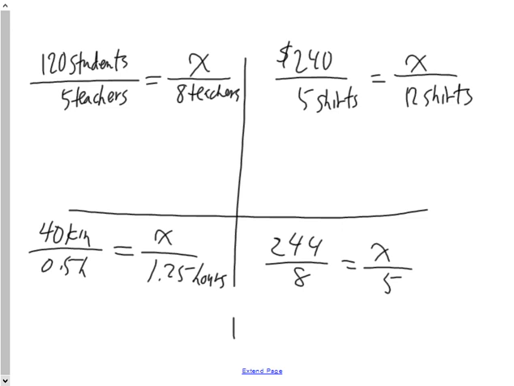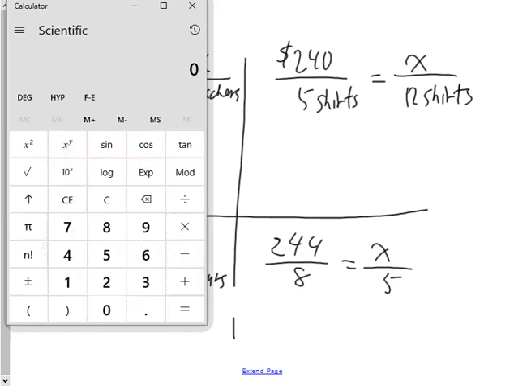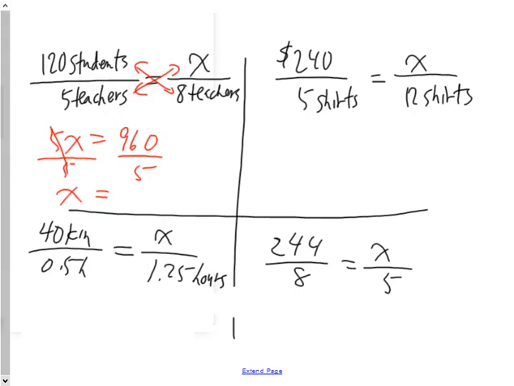Okay, you're back, I think. Now, if you did the algebraic method correctly, the first thing you did is you multiplied across to the variable and you got 5x. Then you multiplied the other way and got 8 times that is 960. And you divided both sides by 5, and you got x equals whatever 960 divided by 5 is. 960 divided by 5 is 192.